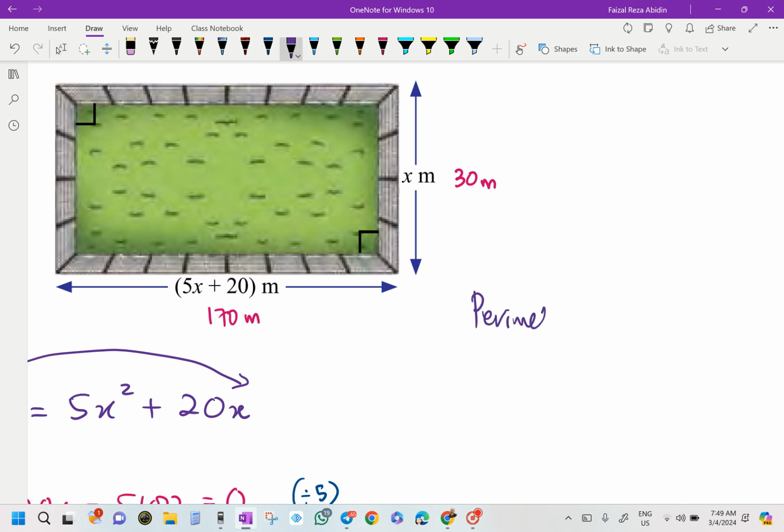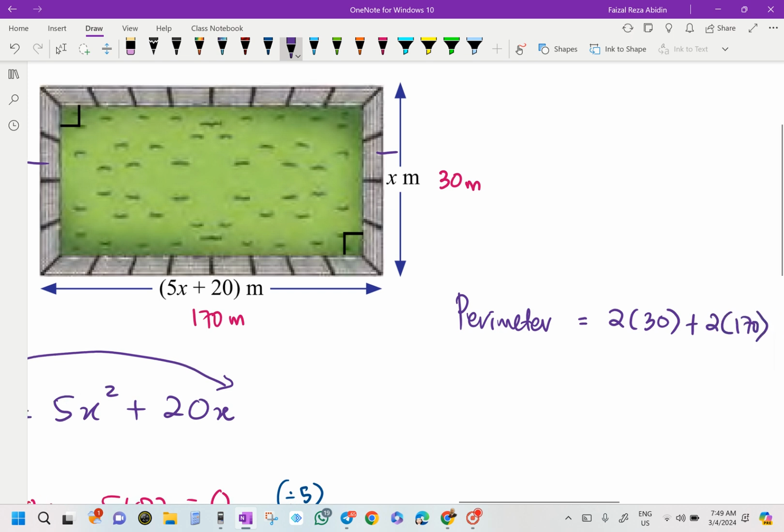So how to find the perimeter for this mesh? Yes, 2 times 30 meter. Why 2? Because we have the left and the right side, it's going to be the same. Plus 2 times 170, because this one also is going to be the same.